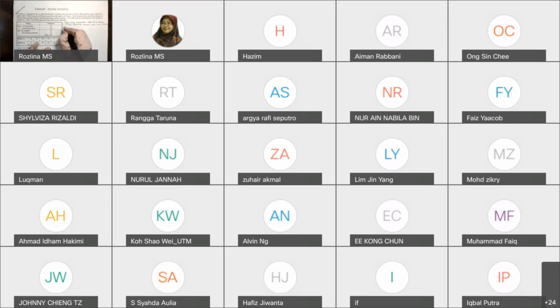The second one is the same but 95% confidence level with 10% error. Want to try this one? 99%? Want to try? Okay, 99% confidence level with 10% error. This one is section 1.